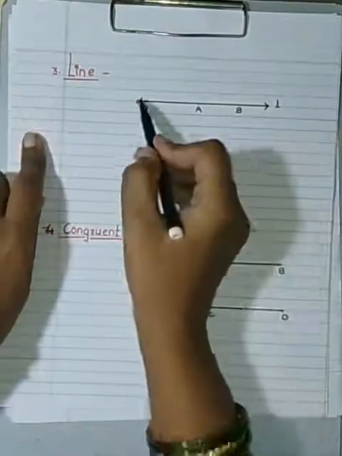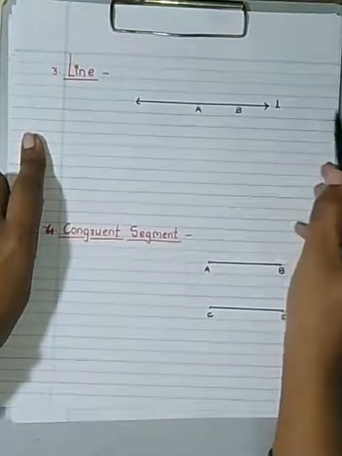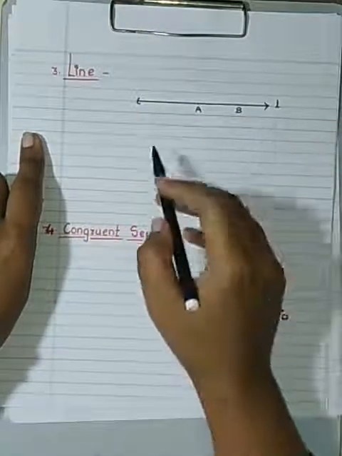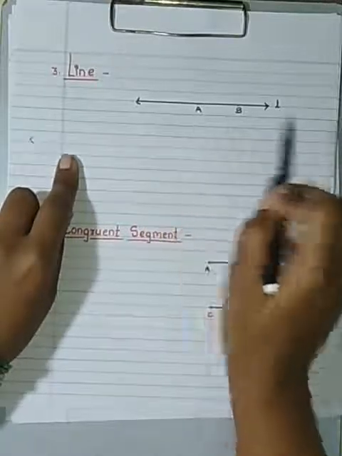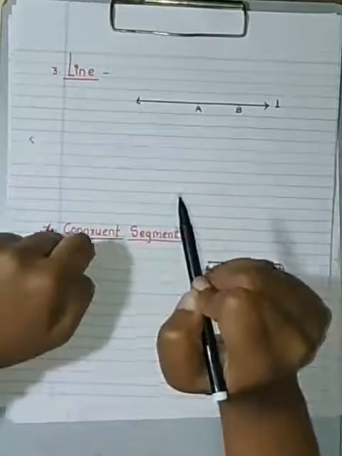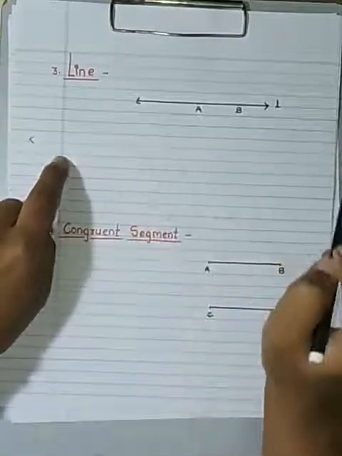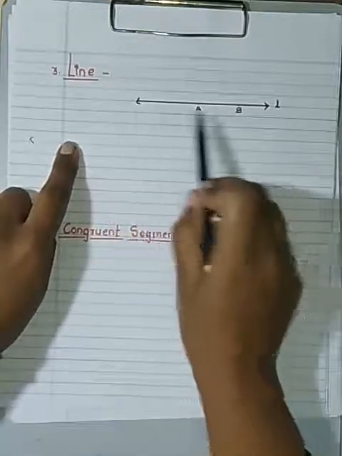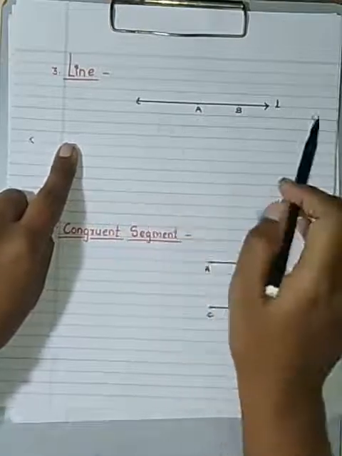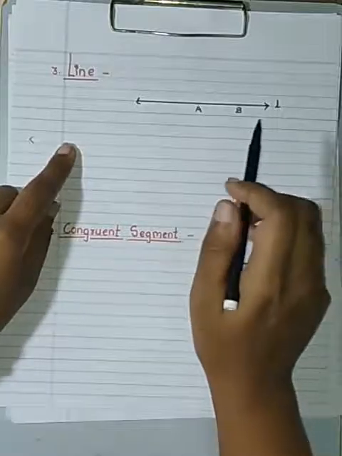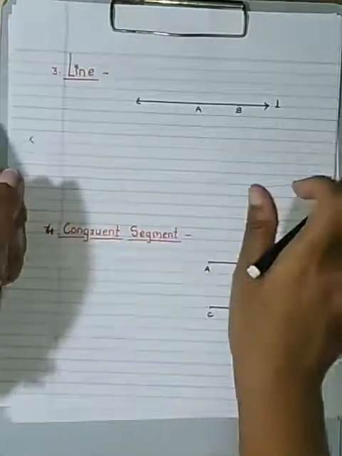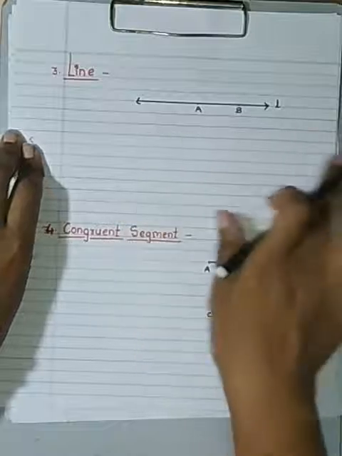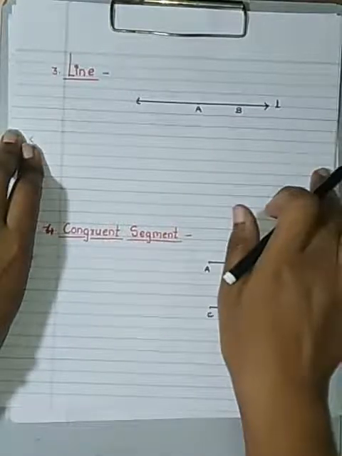Can you see it is extending in both directions? A line segment has 2 end points, a ray has 1 end point, but a line has no end points. It can extend infinitely in both directions, and we cannot measure the length of a line.